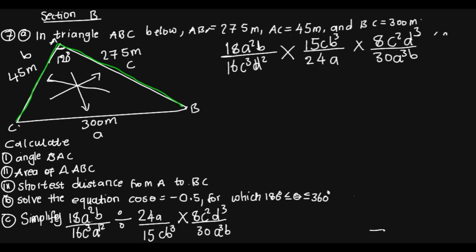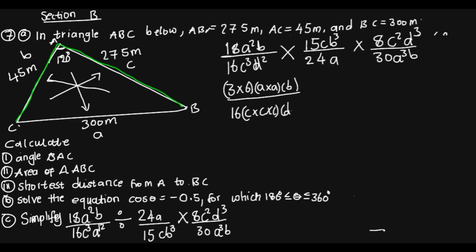So let's expand. So 18 is the same as 3 times 6. Then a squared is the same as a times a. Then here we have our b over 16. So for 16, I'll just say 16 times c to the power 3 is the same as c times c.